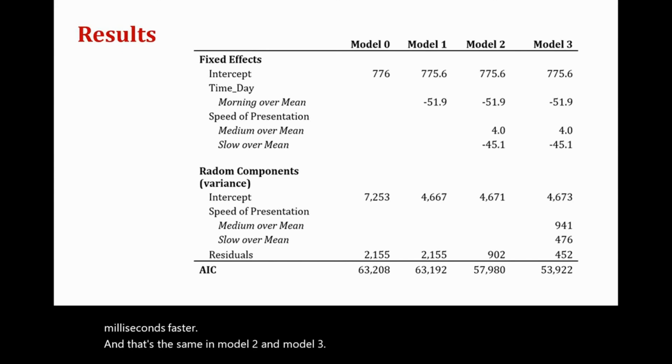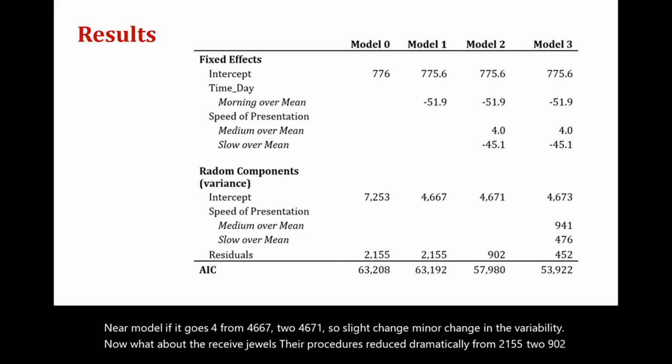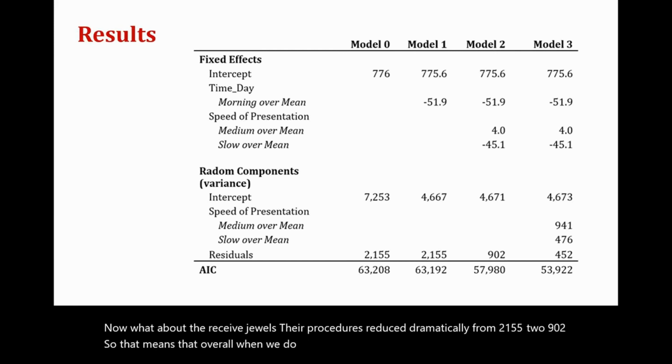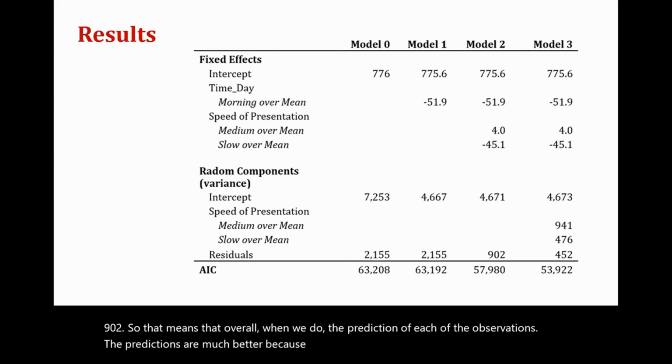In terms of the intercept for the whole linear model, it goes from 4,667 to 4,671. So a slight change, a minor change in the variability. Now, what about the residuals? The residuals reduce dramatically from 2,155 to 902. So that means that overall, when we do the prediction of each of the observations, the predictions are much better because the residuals are lower.